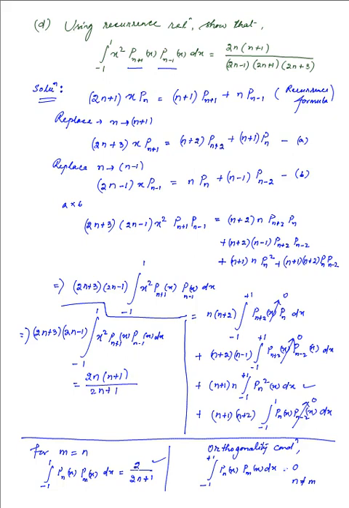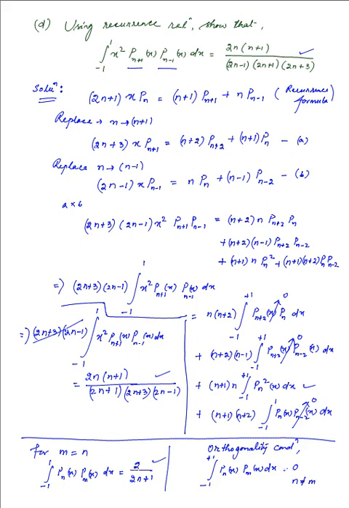Now the rest of the terms on the left hand side can come up to this side in the denominator, so we have 2n plus 3 and 2n minus 1. So this, I think, was what we required at the beginning, and we are getting the exact value at the end.